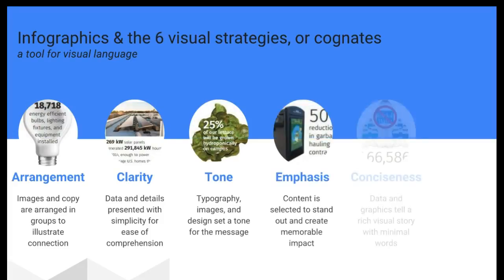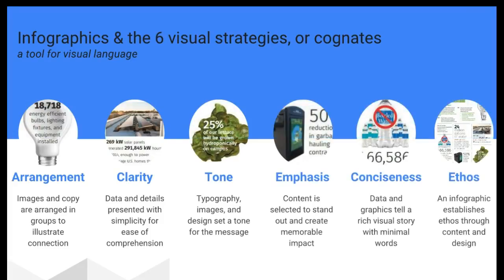So the 6 visual strategies are part of infographics as you design. When you're preparing your infographic, you'll address each of these visual strategies. You'll arrange and group images and copy together so there is an obvious connection based on proximity.